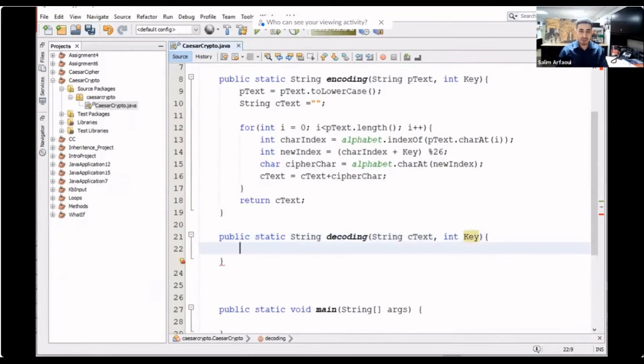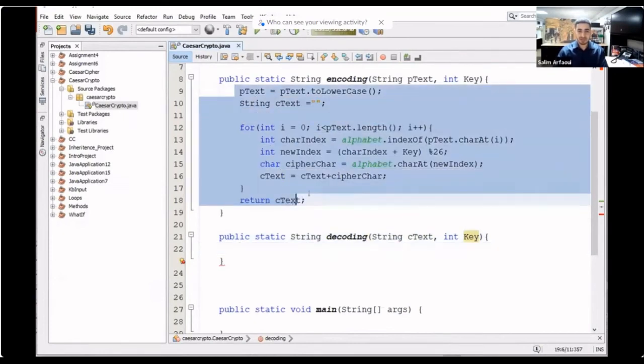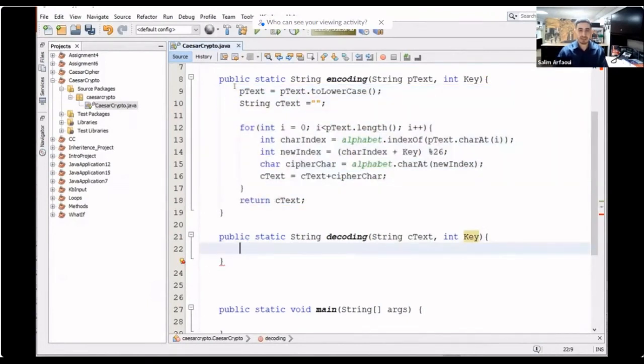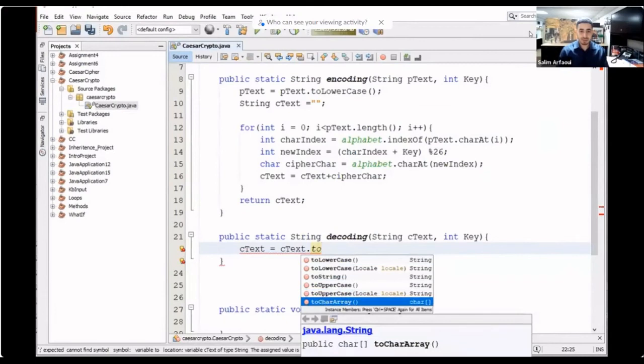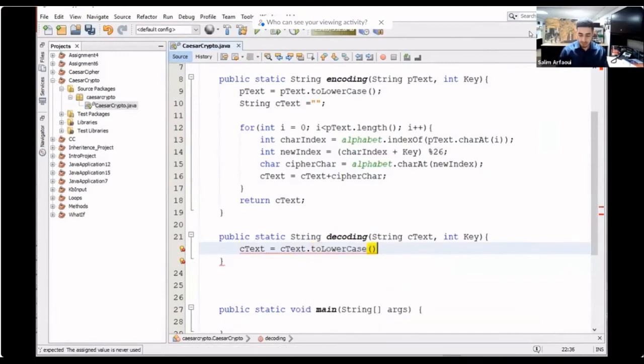All right, so actually it's very similar, I may copy this and change it. Hold on. Should I do that? Maybe not. Okay, so the first thing is to turn everything to lowercase. So ctext is equal to ctext.toLower, which is going to do the same thing, turn it into lowercase.